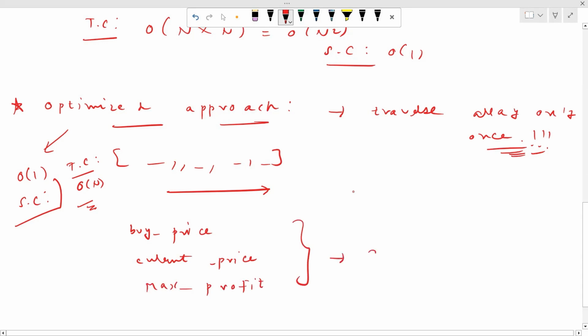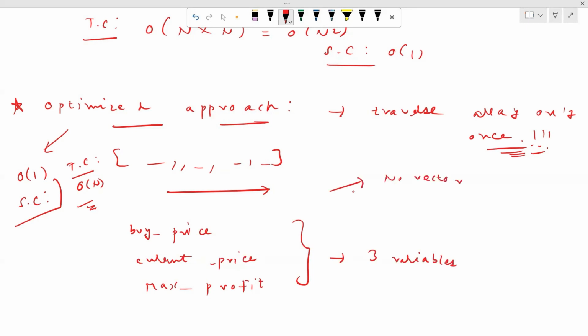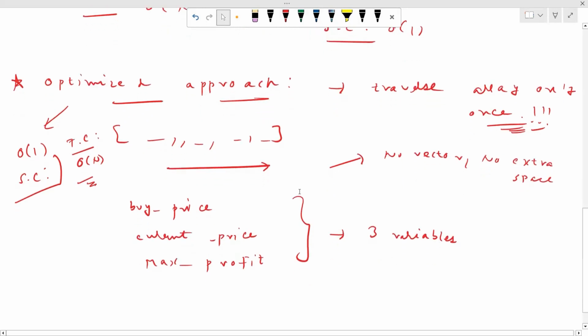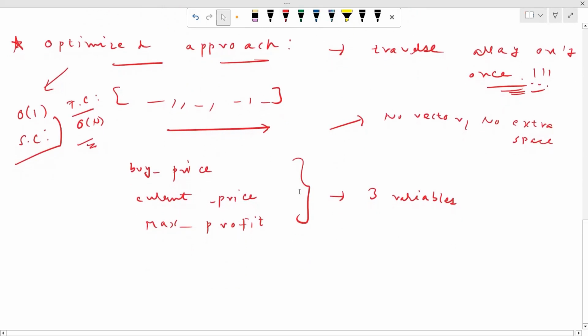We have these three variables because we are not using any other data structure, no vector, no array, no extra space. So we have to deal with the pointers or the variables. That's why we take three variables, and this approach will be clear to all of you when I do the complete diagram for the problem.